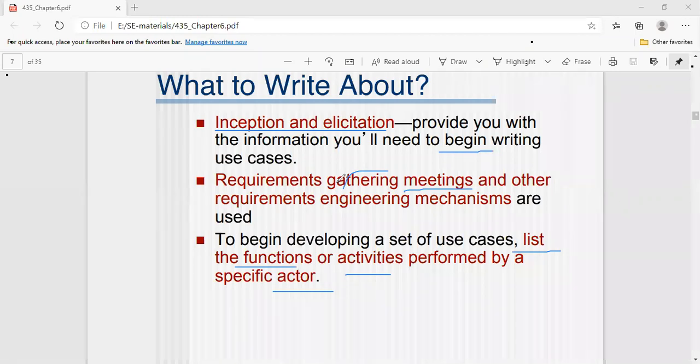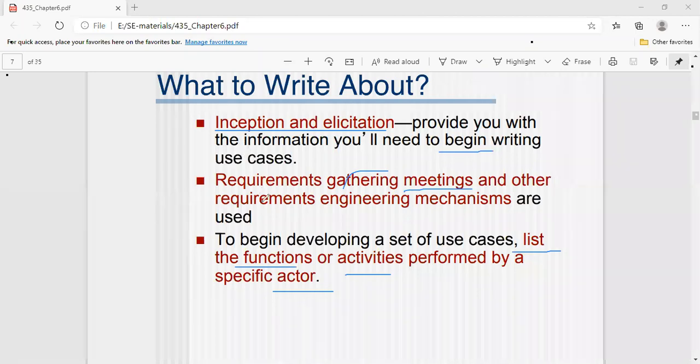So in the starting phase, how are we going to write about a project? First of all, you should gather all the information collected in the inception phase.